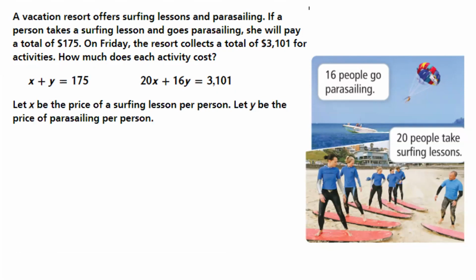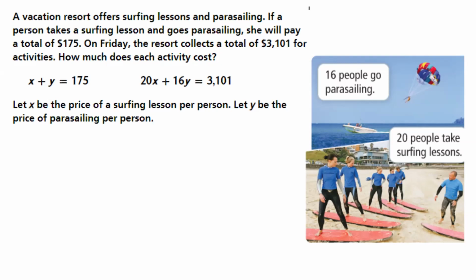So we can use the equations x plus y equals 175, because if we have a person going surfing and parasailing, those two things added together is $175.